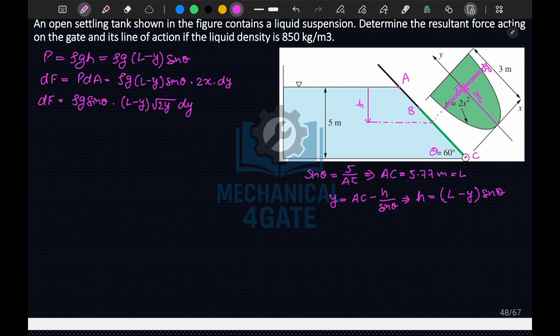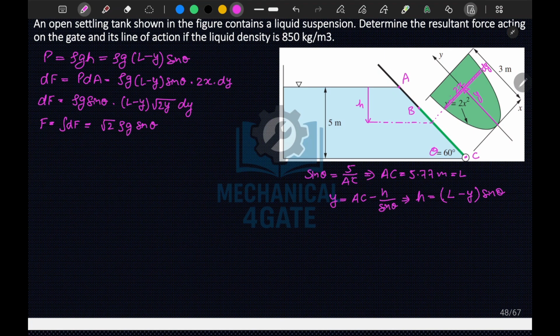Now if we want to integrate this, I can write F is equal to integration of dF, and this will be equal to root 2 times rho g sine theta.